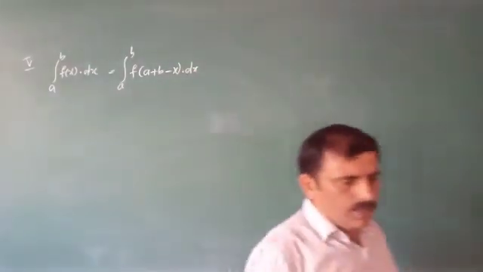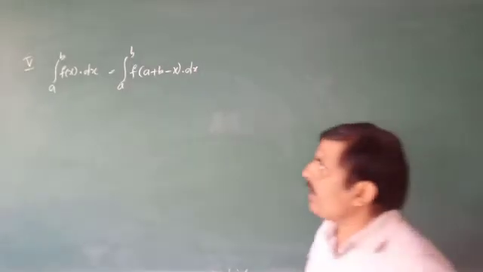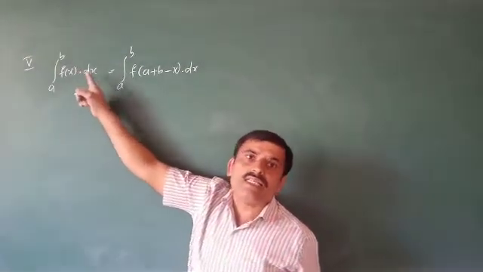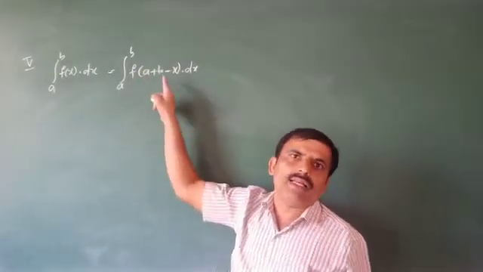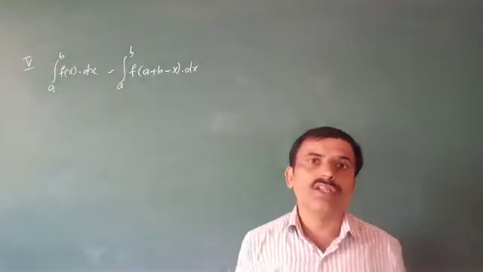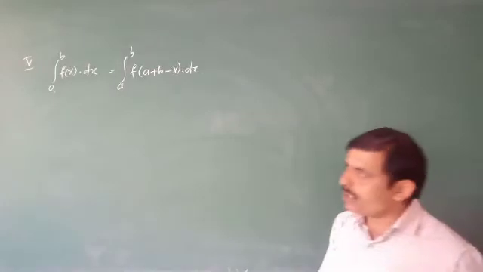So the fifth property says that in a definite integral, if x is replaced by lower limit plus upper limit minus x, the value of the definite integral does not change.